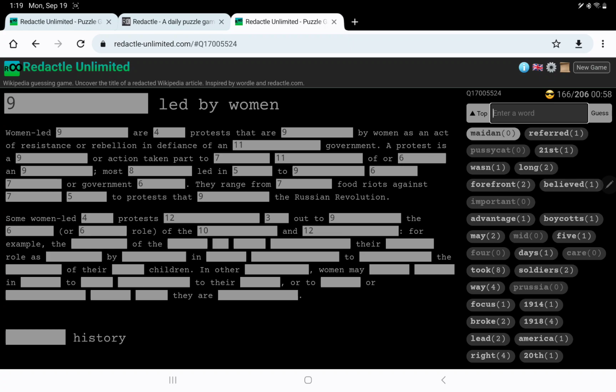Women led 9. I'm thinking there's a word beginning with EX, but it's just not coming to me. But that 4 protests is completely baffling. In defiance of an 11. I mean, all of these missing words in the first sentence are baffling me.